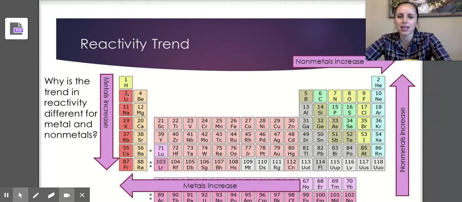We saw that lithium had a small reaction, sodium had a bigger reaction, potassium had an even bigger reaction. I couldn't show you rubidium, cesium, or francium because we don't have them in the school. But essentially, not only are alkali metals the most reactive, alkali metals increase in reactivity as we go down the group.